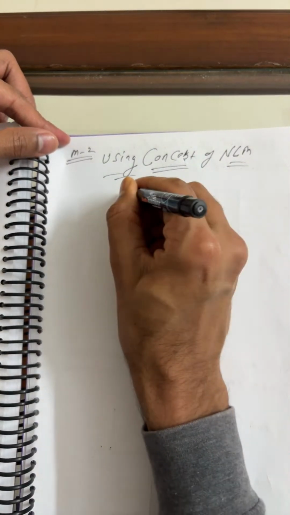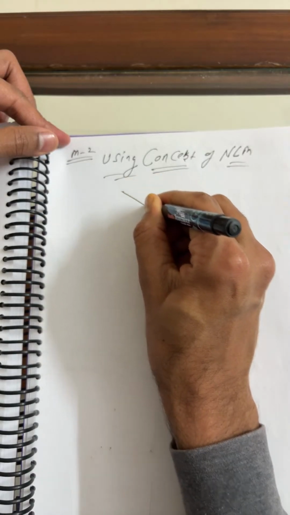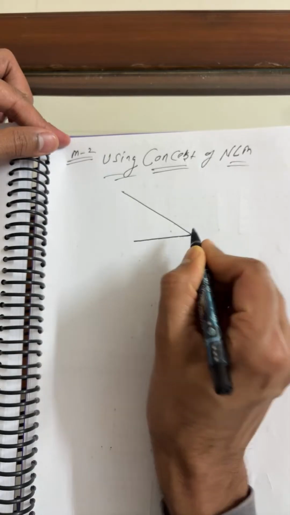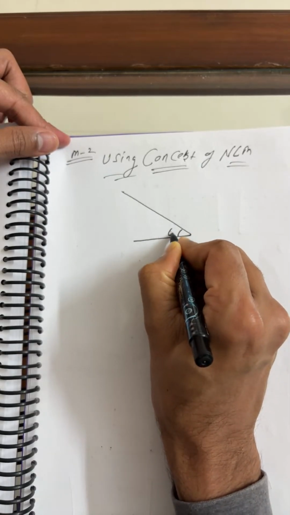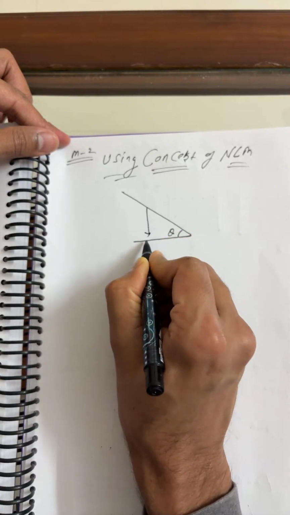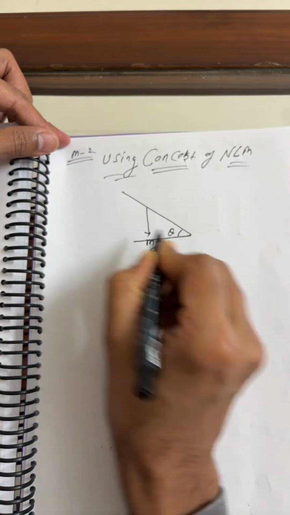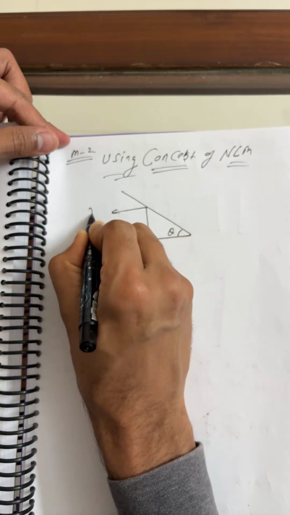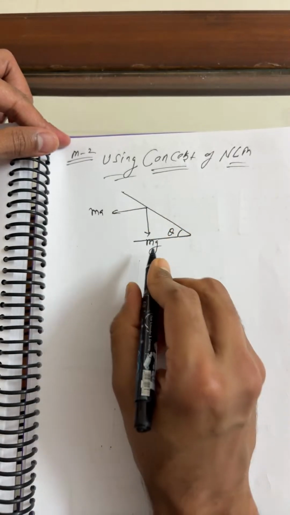So this is the free surface, making angle theta. The force mg acts in the downward direction, and the pseudo force acts in this direction. Just take components of mg.